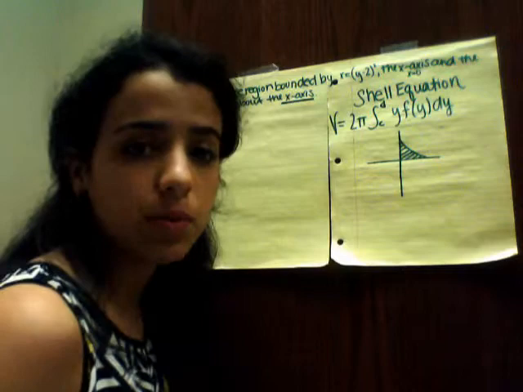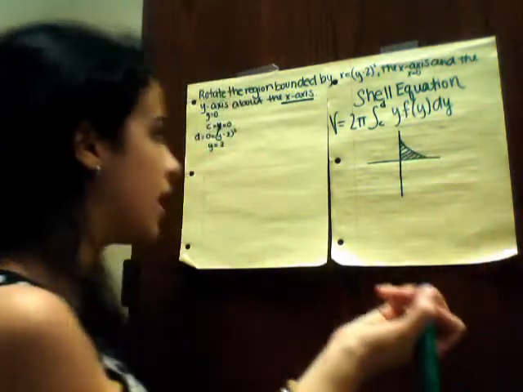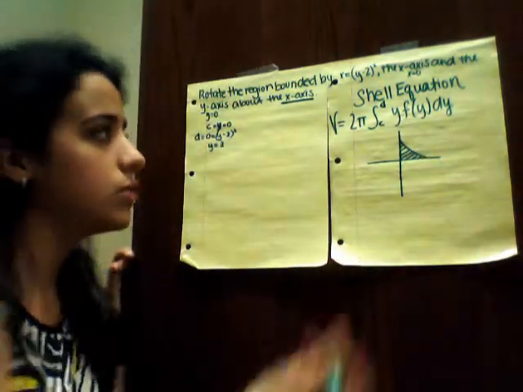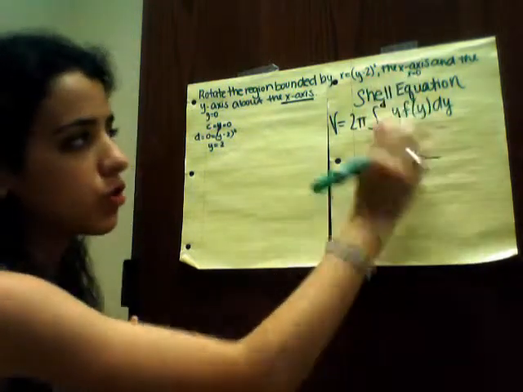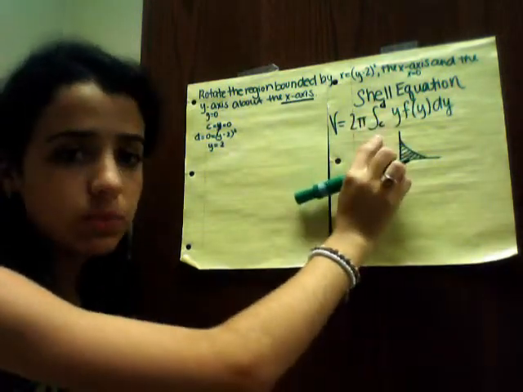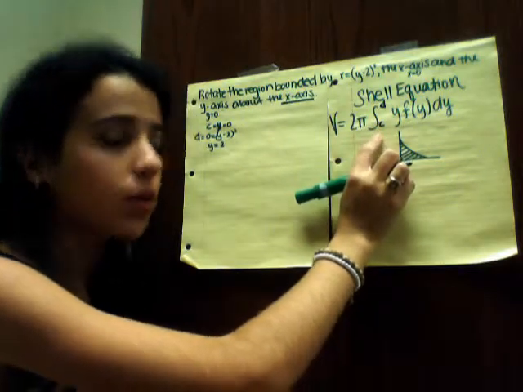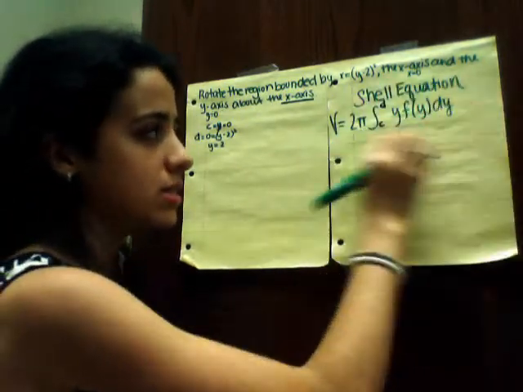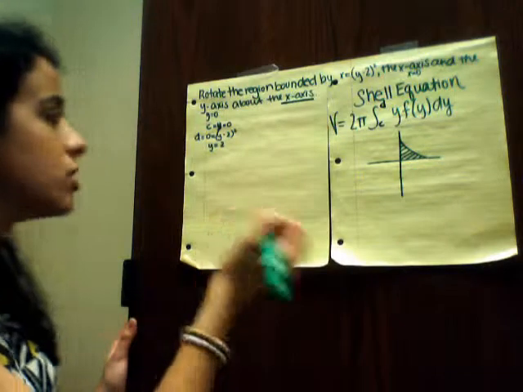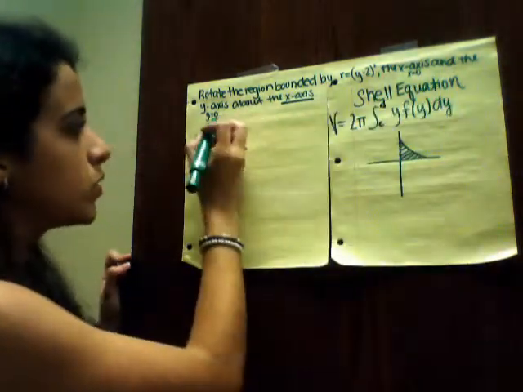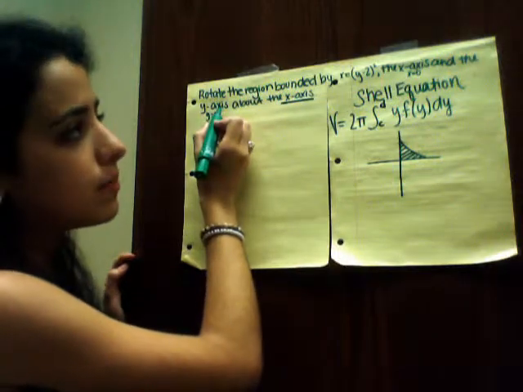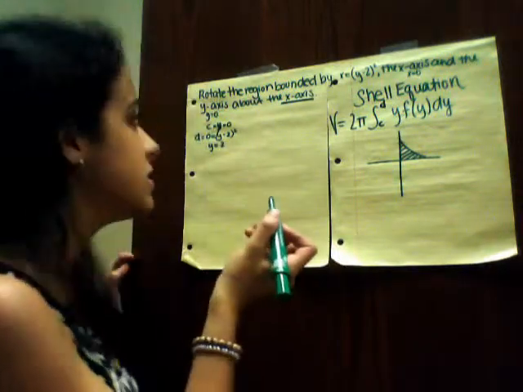So how do we determine which regions it is bounded by? First, we need to find c and d, which according to the shell equation are the limits that we will substitute later into this equation to find the volume. The region is bounded by the x and y axes.